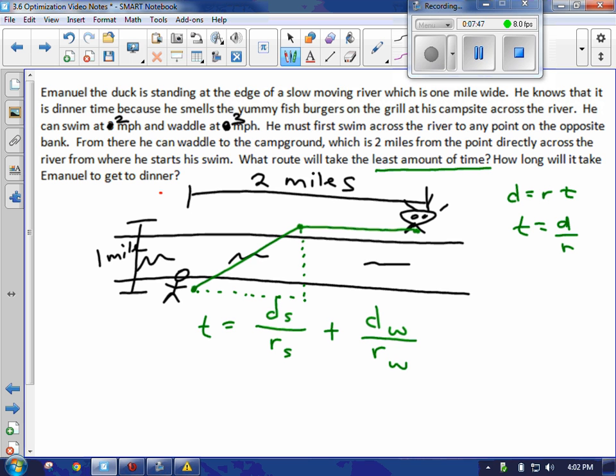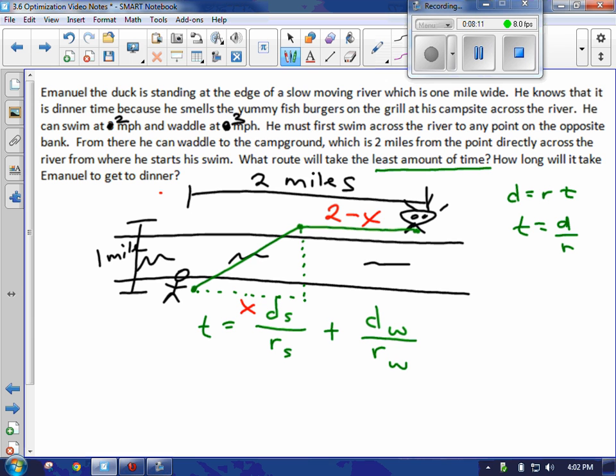Okay, so this is going to seem counterintuitive at first, but I'll show you how it all works out. We want both of these lengths to be in terms of the same variable. So I'm going to call this length right here x, which is the horizontal distance that he swims, not the actual length that he swims. So if I call that horizontal distance x, then the distance that he walks is going to be 2 minus x.